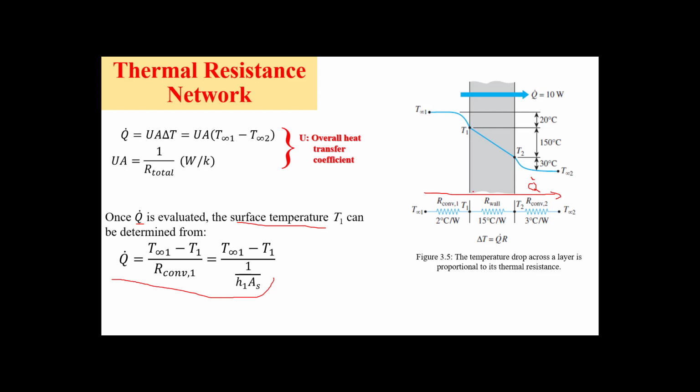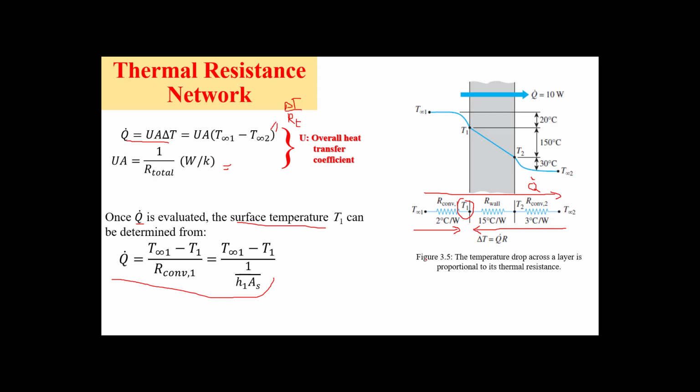If you know Q by applying this equation or the previous one, which is here, I can write it, delta T over R total. If we know it from here, then the question asks about T1. So either we can come to T1 from this direction or from this direction.